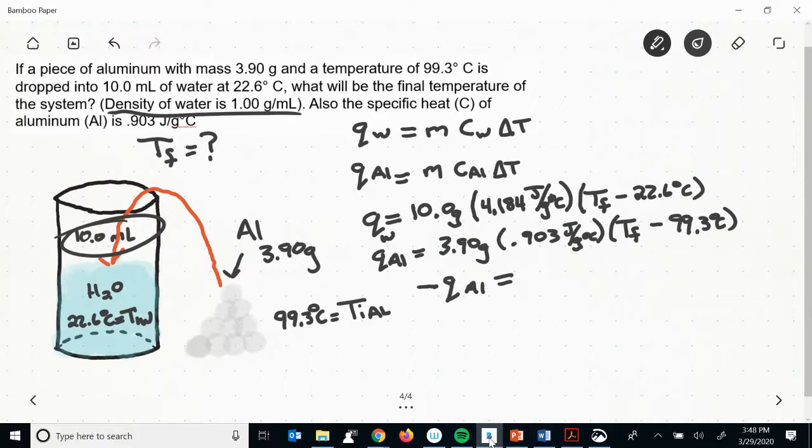the water. Okay, so mathematically, we put a negative sign in front of the aluminum, it's losing energy. We put a positive sign in front of water because it's gaining energy.